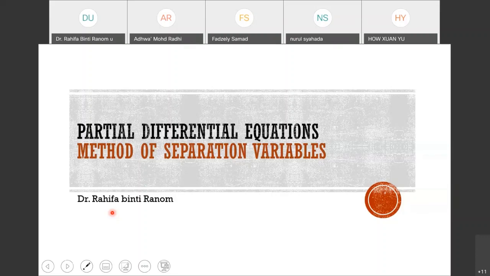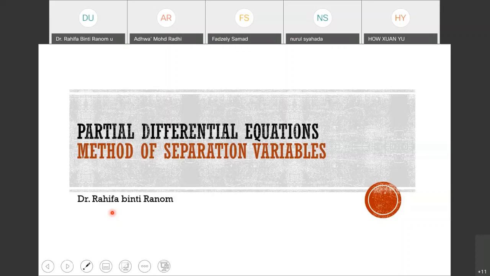Alright, so we are going to focus on the heat equation and wave equation that have two independent variables, x and t. X we call the spatial variable, t is the time variable. So we can separate the variable x.